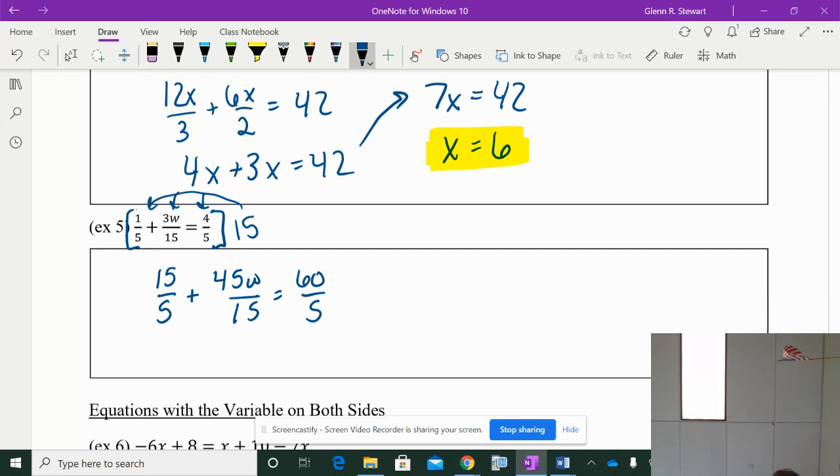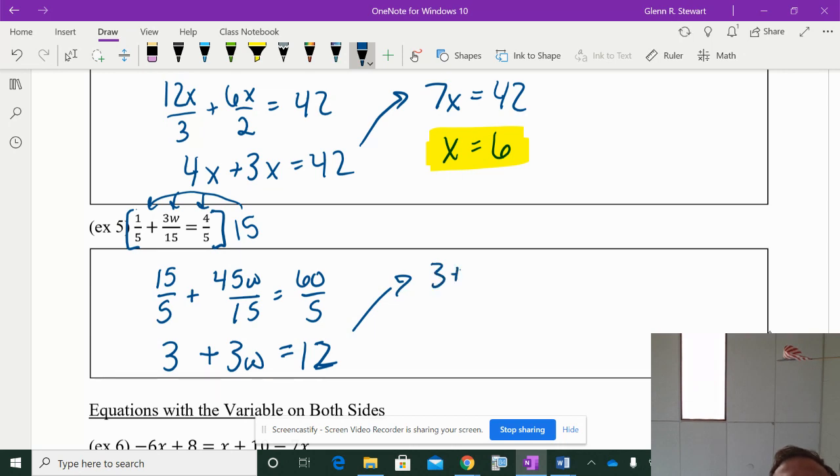So if you notice, you can actually simplify first, like I had said before. 15 over 5 gives you 3. 15 divided by 15, really this is going to come back out to 3W, just without any bottom. And then 60 divided by 5 is 12.